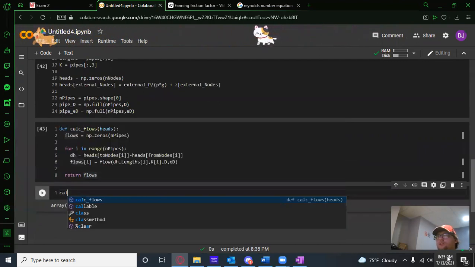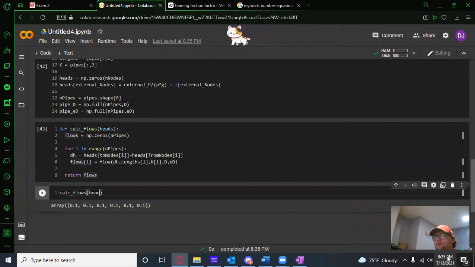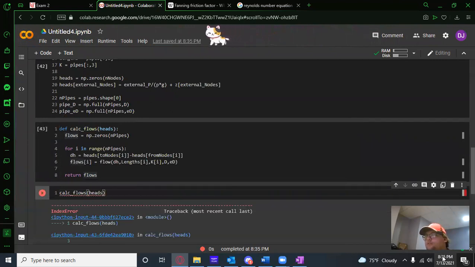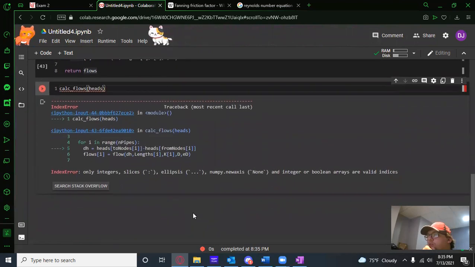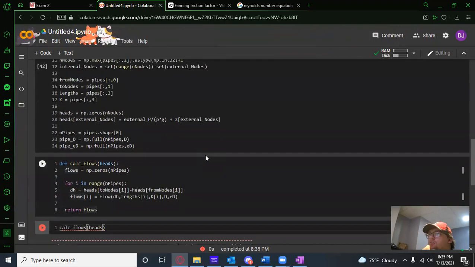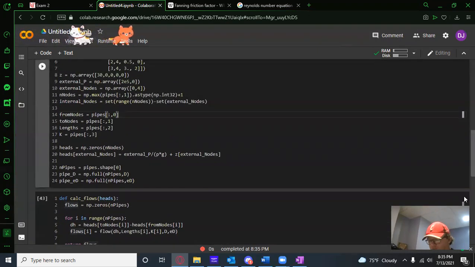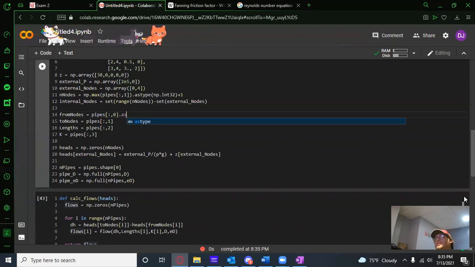So if we run calc flows, put in our heads, let's see what happened. Okay, so once again, Python's taken these as floats, but we want it to take them as integers.